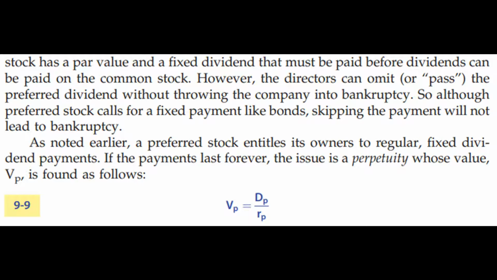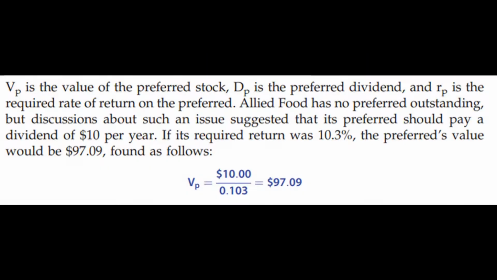As noted earlier, a preferred stock entitles its owner to regular fixed dividend payments. If the payment lasts forever, the issue is a perpetuity whose value, VP, is found as follows. So the formula is VP equals DP over RP. VP is the value of the preferred stock, DP is the preferred dividend, and RP is the required rate of return on the preferred.